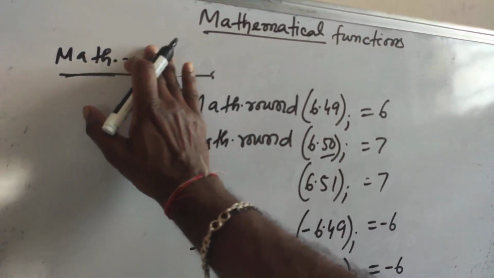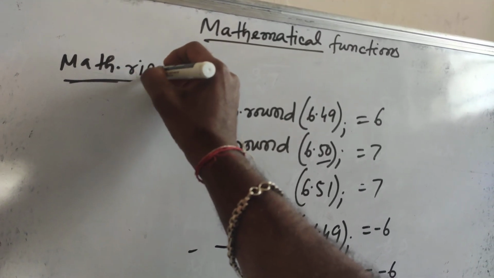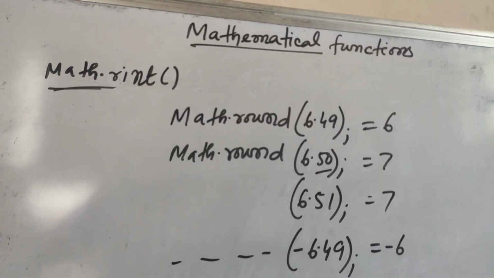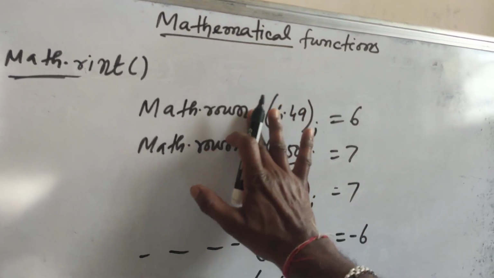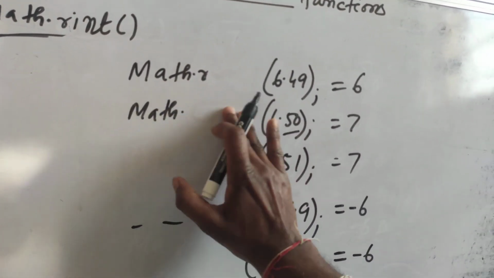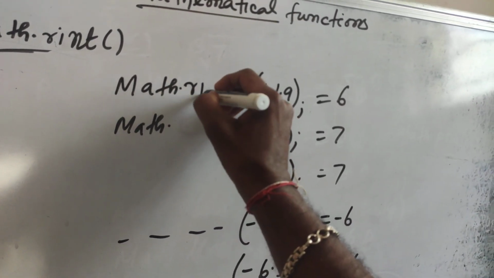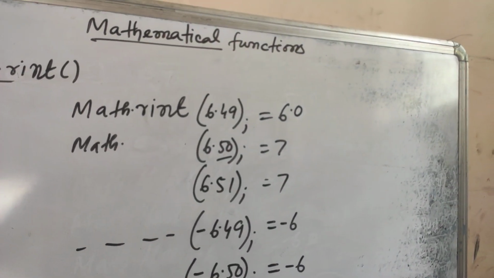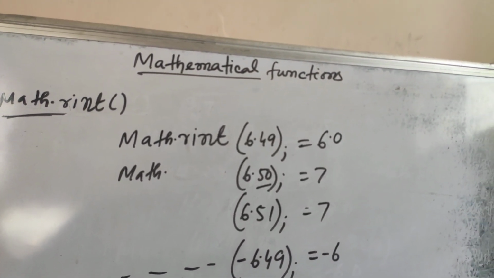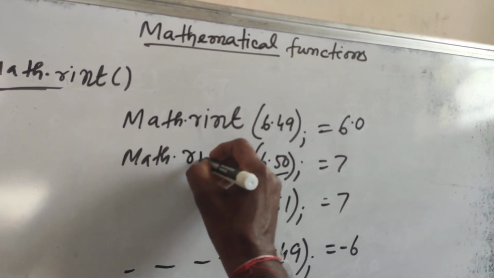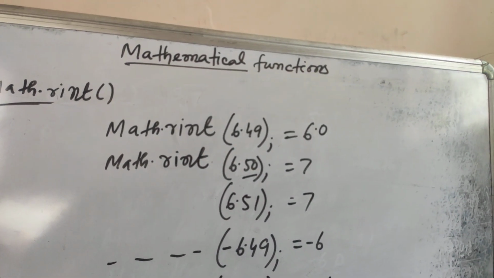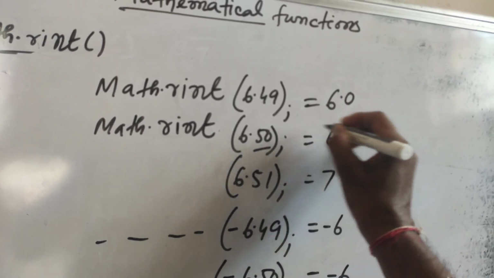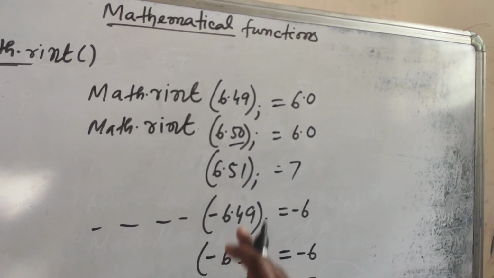Now next, Math.rint. Rint means round integer. This is also rounding. If I write rint of 6.49, in that case the result always will come as a double. If we write rint of 6.50, in that case it comes 6.0 only, not 7.